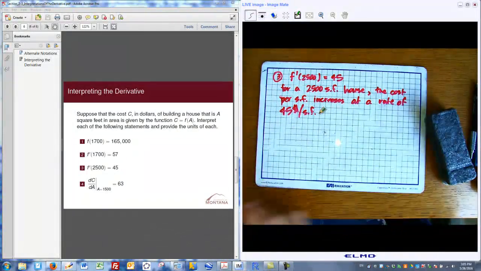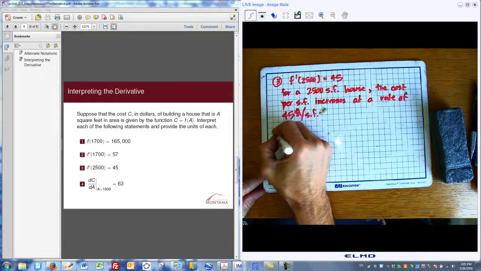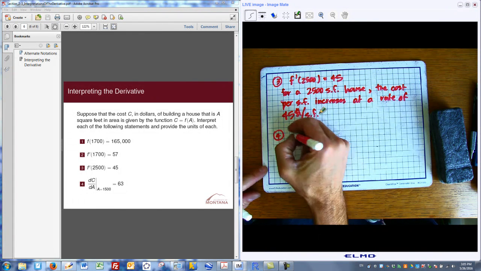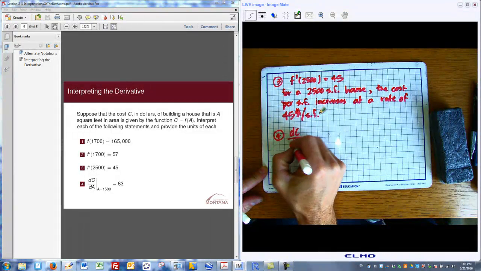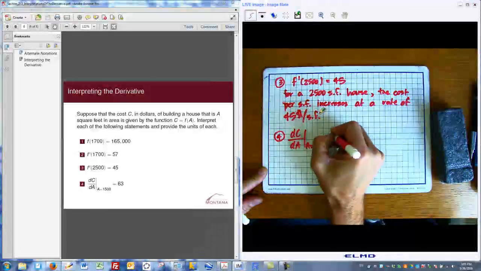Okay, let's move on and talk a little bit about number 4, and we'll end there with this example. It says the derivative of cost with respect to area evaluated when area is 1,500 square feet is 63.